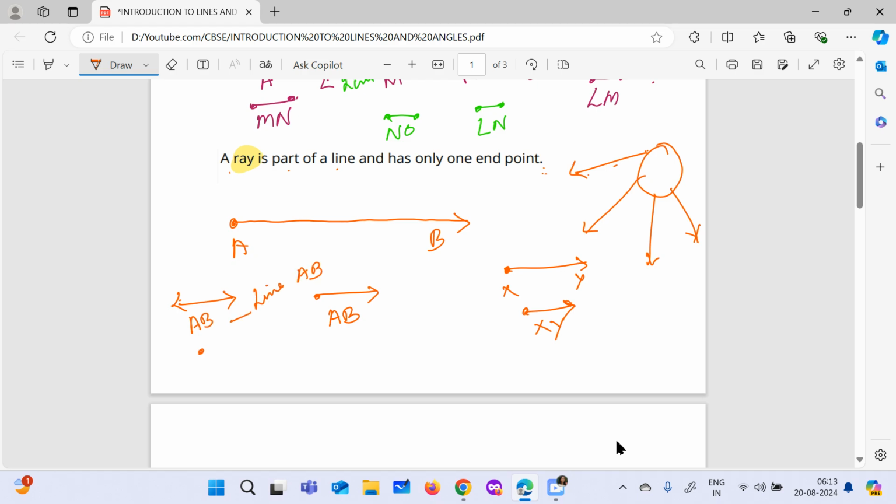When you have two endpoints on both sides, I will read this as line segment AB. And when you have one endpoint and one arrowhead, we read this as ray AB. I hope this is clear to everyone, the difference between line segment and ray. Let's go to another.